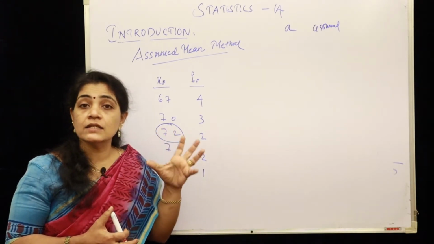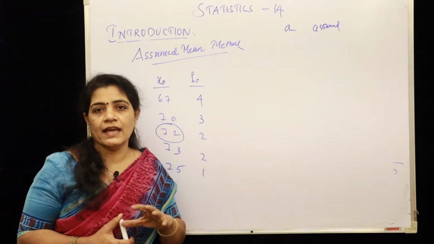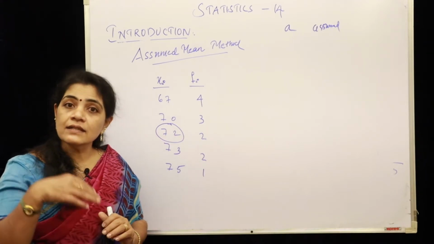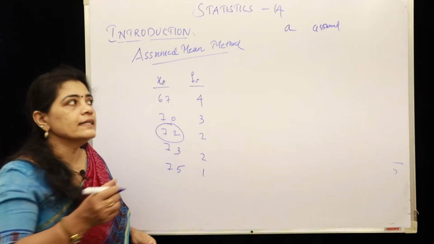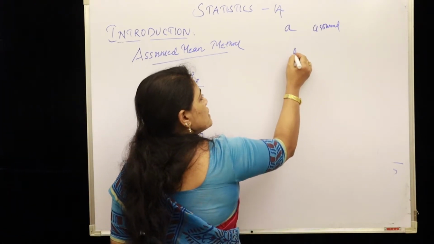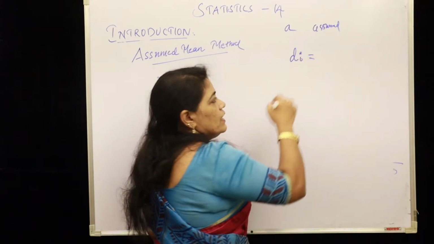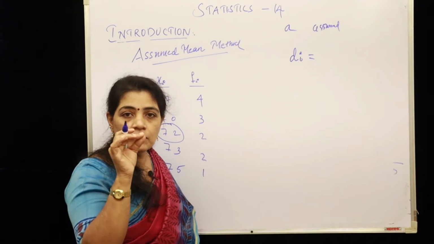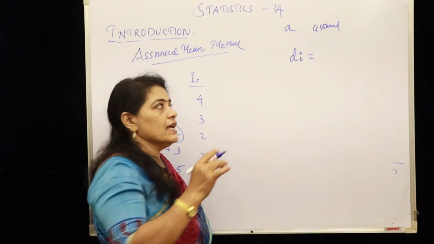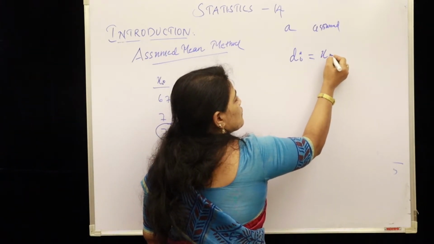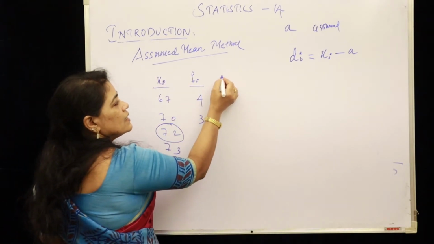So after assuming 72, one xi from the middle, as the assumed mean, you have to prepare the next column, the deviation column, represented by di. Just take the difference xi minus a for each xi, starting from the first, in the third column.